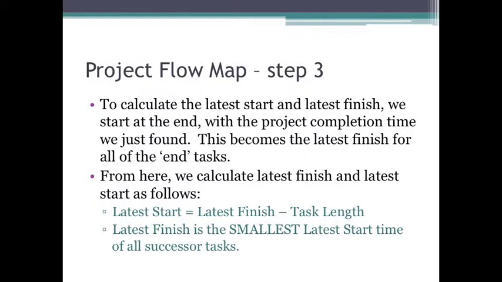The latest start for each task is just the latest finish minus the task length. And the latest finish is the smallest latest start time of all of its successor tasks. So whichever tasks are dependent on that task before they can start, the latest finish of that task is the smallest of those latest start times of all those successors.